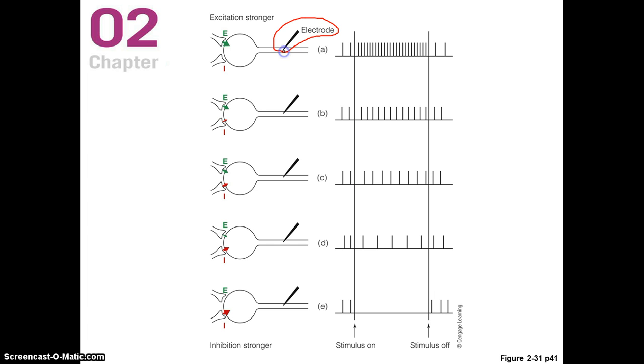For scientists, we have a recording electrode stuck into the axon of this cell, and that allows us to record the number of action potentials that this cell is generating in response to the input that it's getting from these two cells over here. So there's a neuron here, and there's a neuron here.